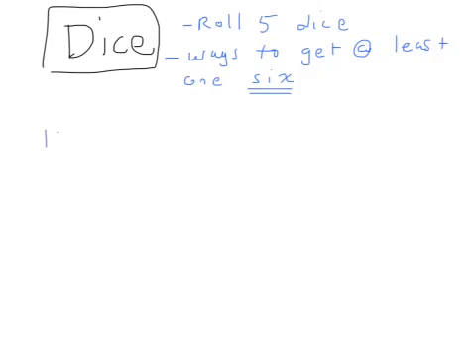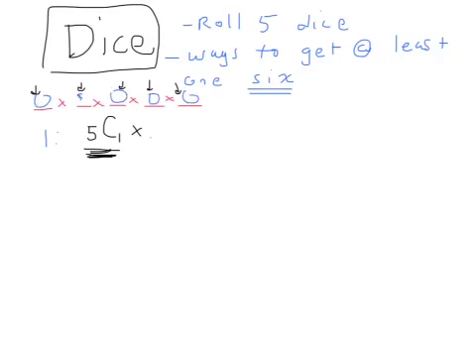So first of all, I could get 1 six. If I get 1 six, there are 5 dice being rolled, so there are 5 spots for dice. For 1 six, there are 5 spots, choose 1. That's all the different ways in which I can put 1 six in one of these slots. Then I multiply that by the fact that once I've filled one of the slots with a six, all the other ones need to be filled with non-sixes.